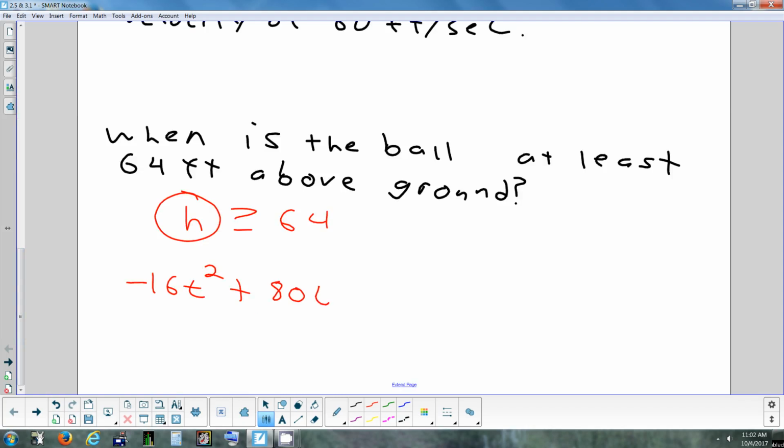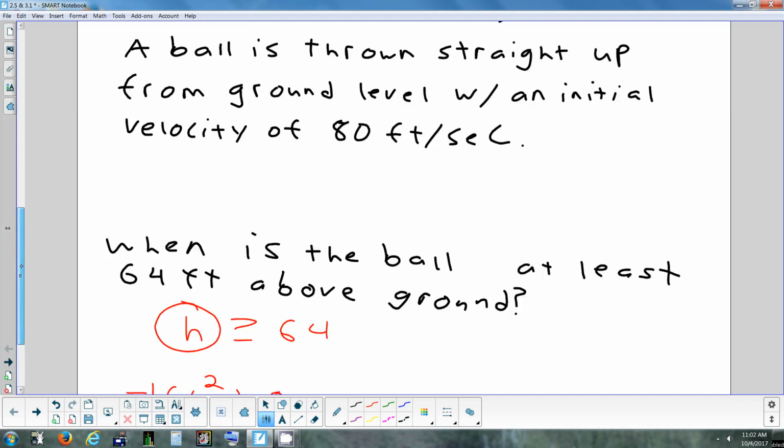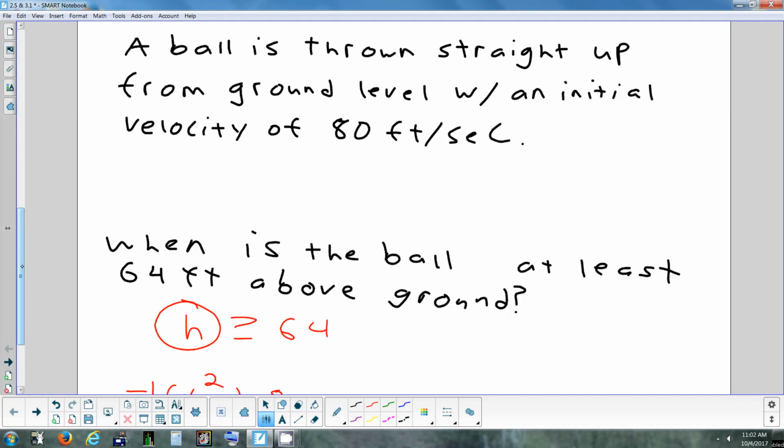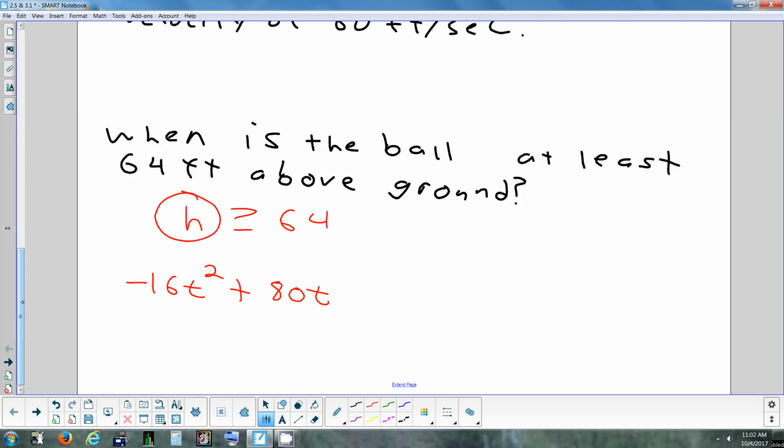So initial velocity plus my initial height. Matt, what's my initial height here? 0, right? From ground level. So I don't need to put plus 0. So that's my height, and I want to know when it's greater than or equal to 64.